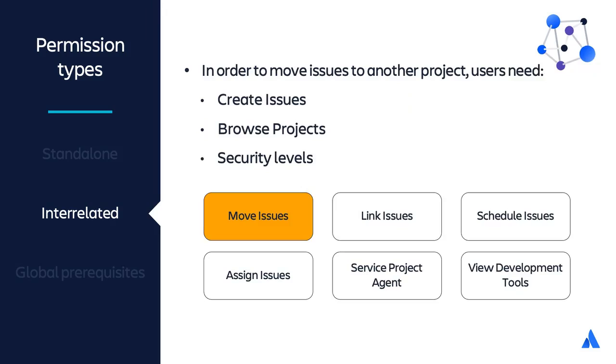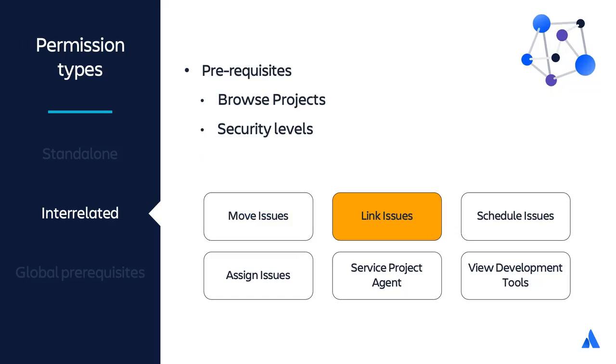Users will not be able to move an issue to another project if they don't also have the Create Issues permission in the target project. And of course, they will need the Browse Projects permission and the correct security levels, if they are applied, in order to do so. The same goes for linking issues. If you do not have access to the issue you need to link through the Browse Projects permission and/or applicable issue security levels, you cannot link to that issue.